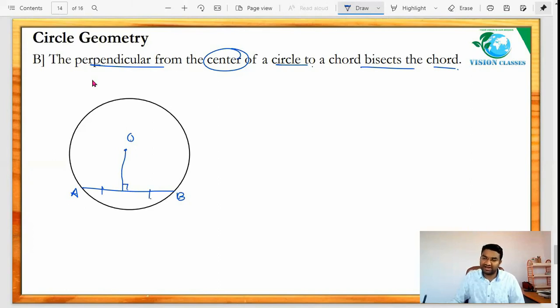Bisect means, let's say this is OP, P a point on chord AB. So AP is equal to PB. AP is equal to PB is the bisector, right? So the perpendicular from the center divides this chord into two equal parts, that is AP is equal to PB.